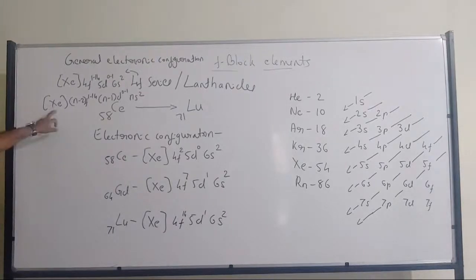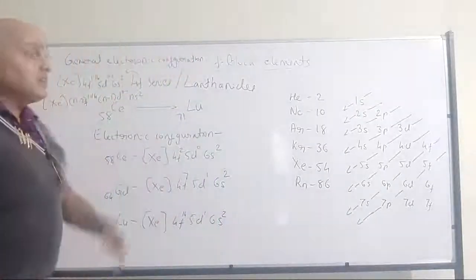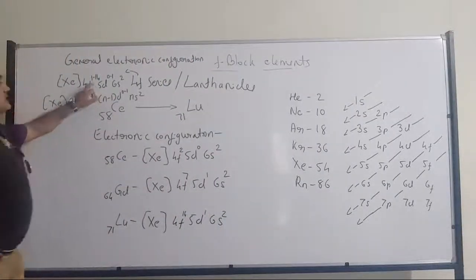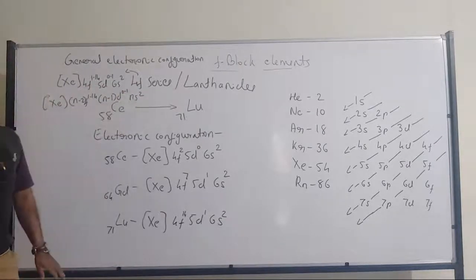Otherwise, if I remove this, it is the general electronic configuration for F block elements. So all of you have understood. That's the general electronic configuration for the 4F series or lanthanides. Any doubts?